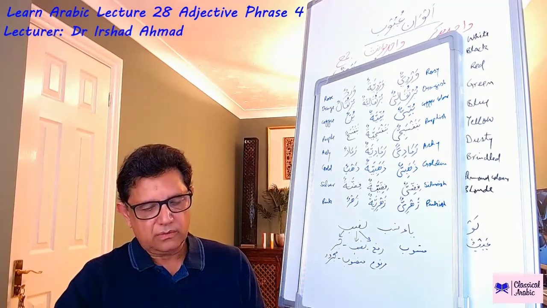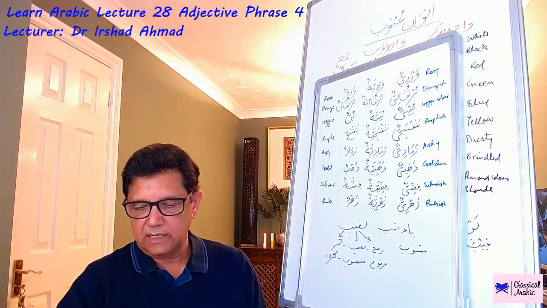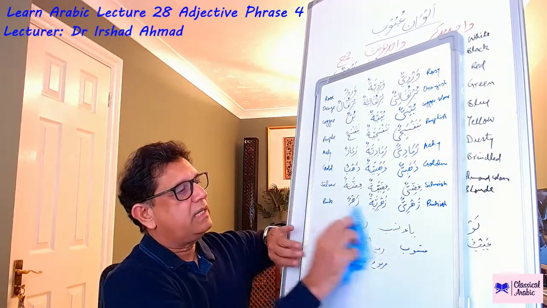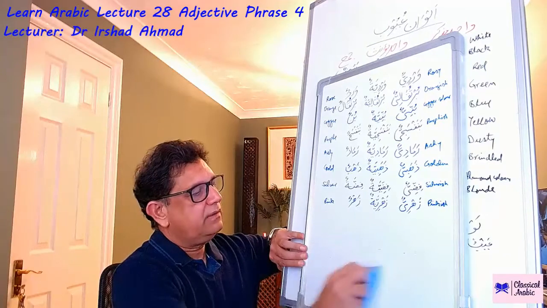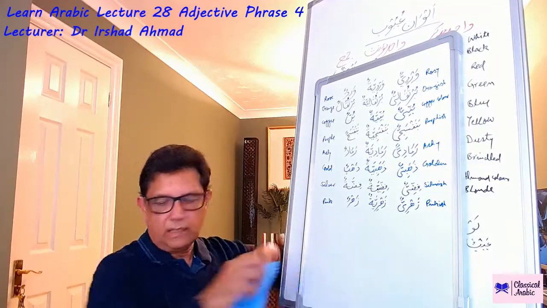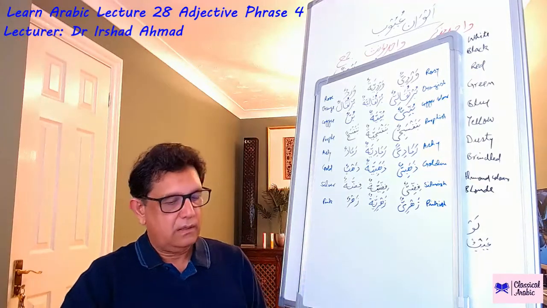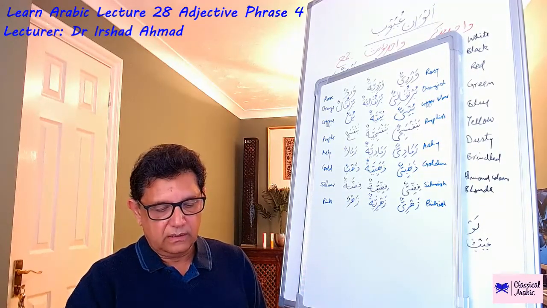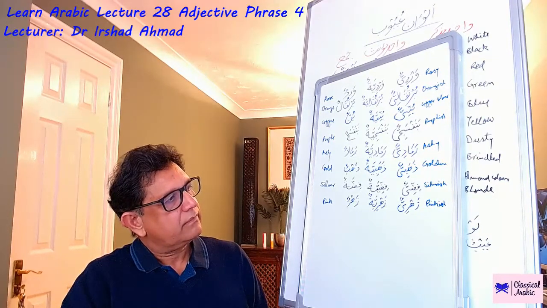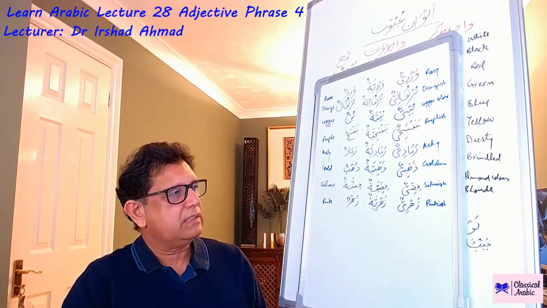So just to consolidate this concept, let's have a look at some of the examples from our day-to-day language. For example, if we want to say a yellow car, let's go to another example.